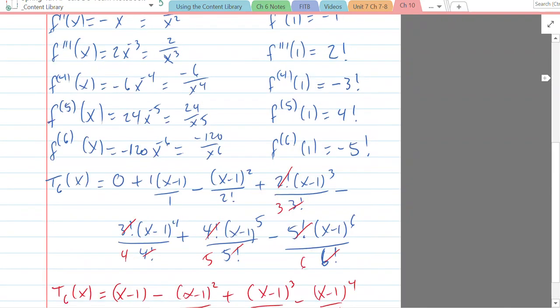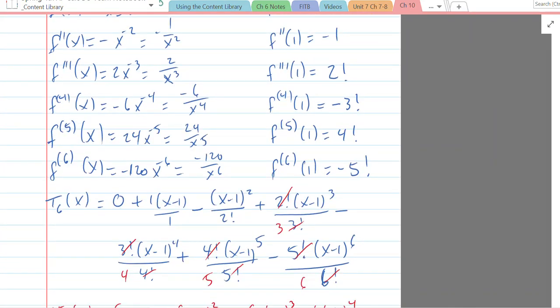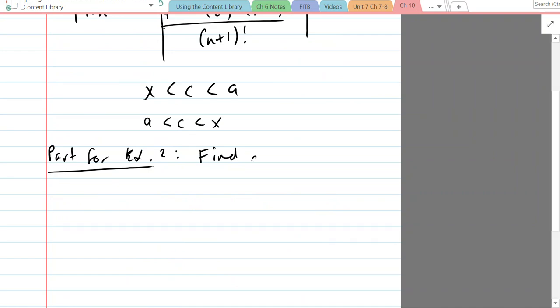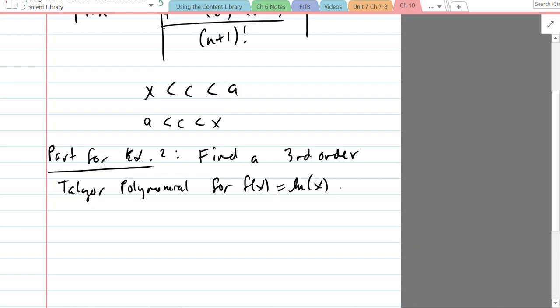We're going to find the third order Taylor polynomial for f of x equal to ln of x, centered at x equal to a, centered at a equals 1.